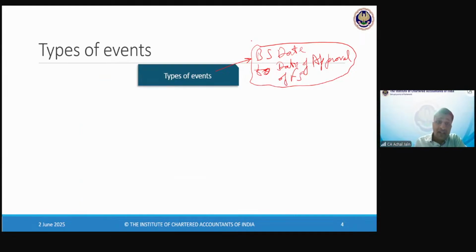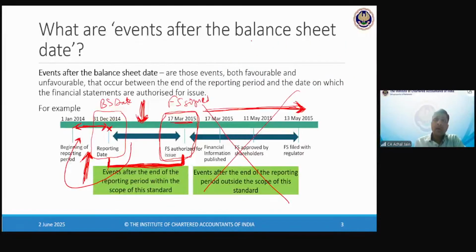Adjusting event means that for such events, you will do the adjustment in the reporting year. So we are talking about those events which, even though they occur after the balance sheet date, will have to be recorded in the reporting year itself. Clear? Those will have to be recorded in the reporting year itself.